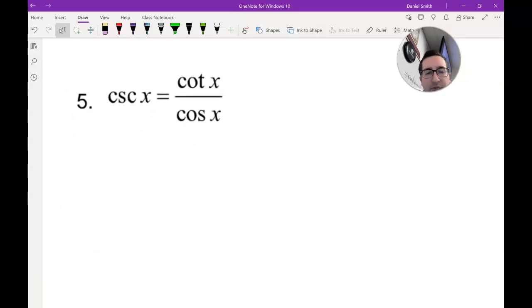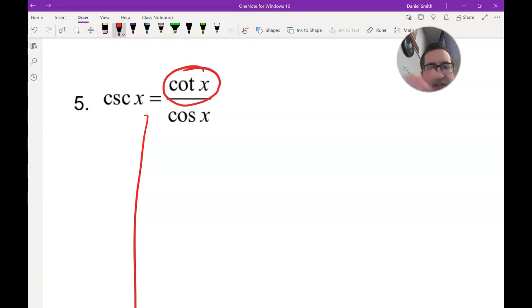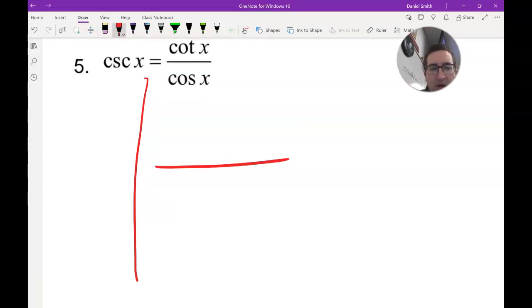These are all easy levels. Remember, the tip is to choose a side to stay on, and you want to choose the more complex side. So on the right, we got more going on. So we're going to work on the right. I need to get it down to cosecant. A good strategy is to just start using identities. And so this cotangent, that screams identity 5 to me, where cotangent is the same thing as cosine over sine.